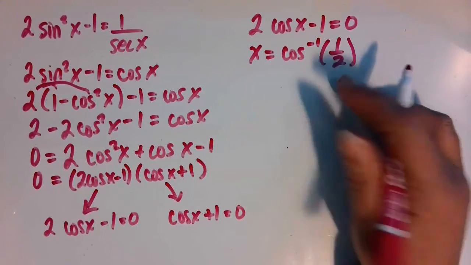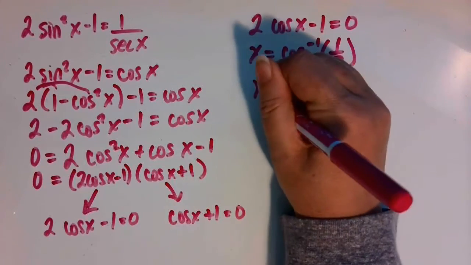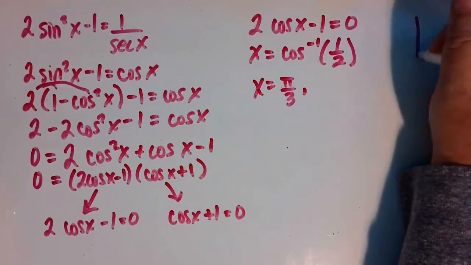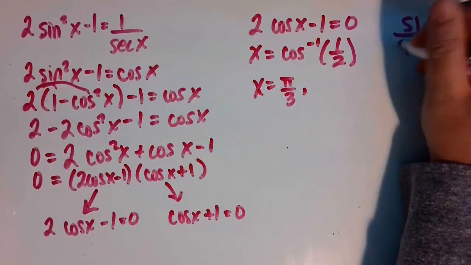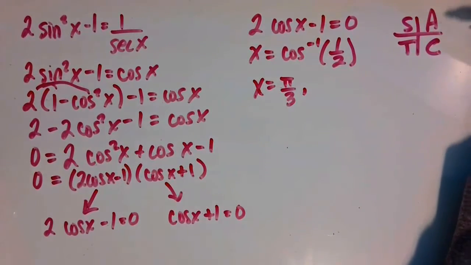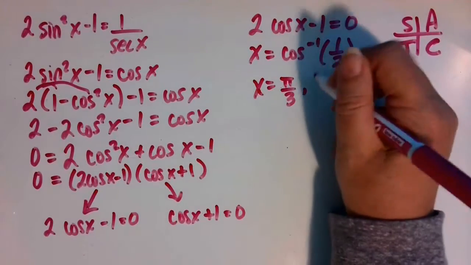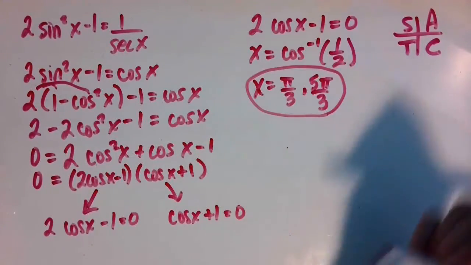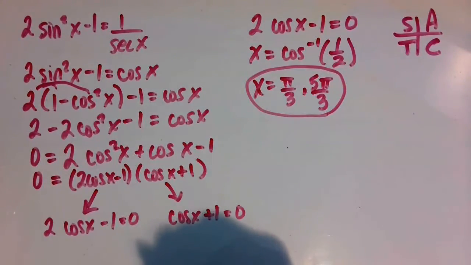And that would be at pi over 3 as our principal value in quadrant 1. And then all students take calculus. Cosine is also positive in quadrant 4, which would be 5 pi over 3. And that's 2 solutions that we can check.